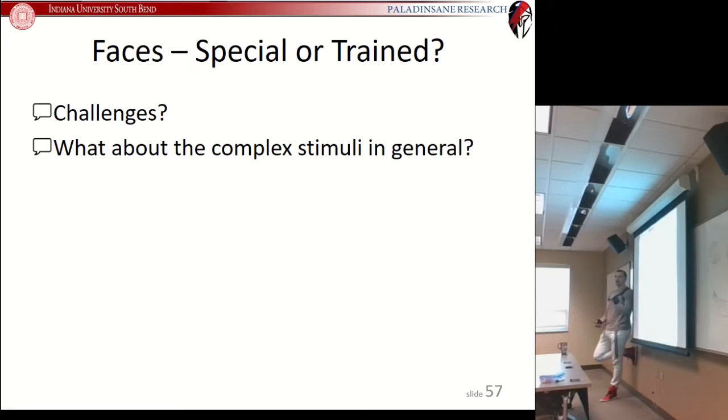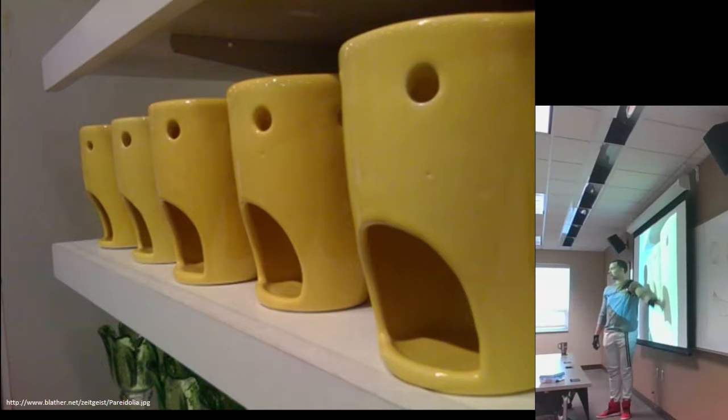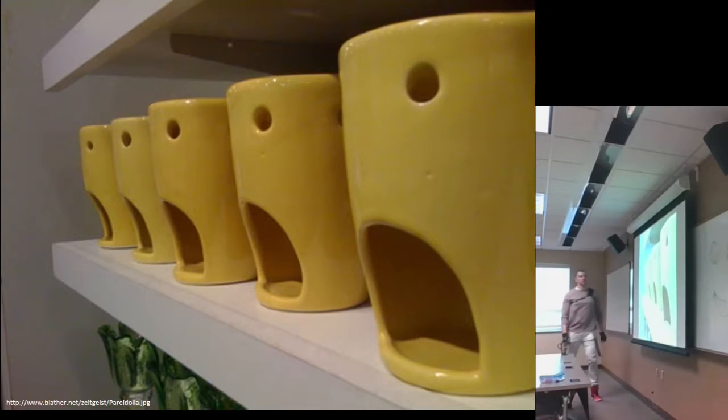So these are all going to be examples of this phenomenon, and it is massively strong with faces. So, we got candle holders right here that look like a line of individuals just shrieking in terror, right? They just saw something and they are scared, right? That's not what this is. But very little structure is required before your fusiform face area, or before a face is perceived.